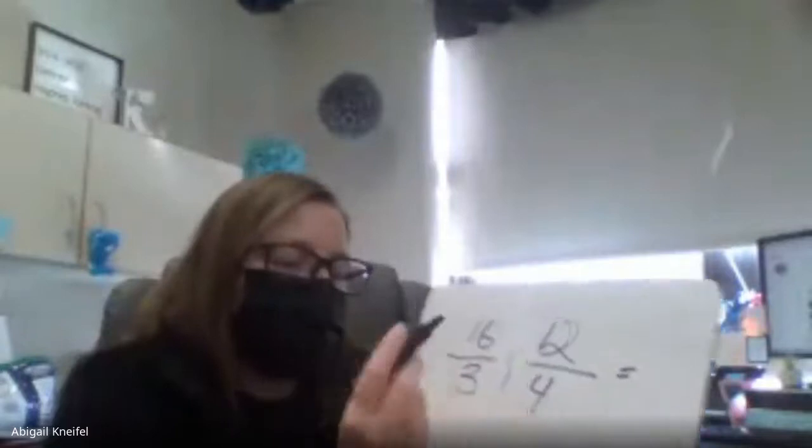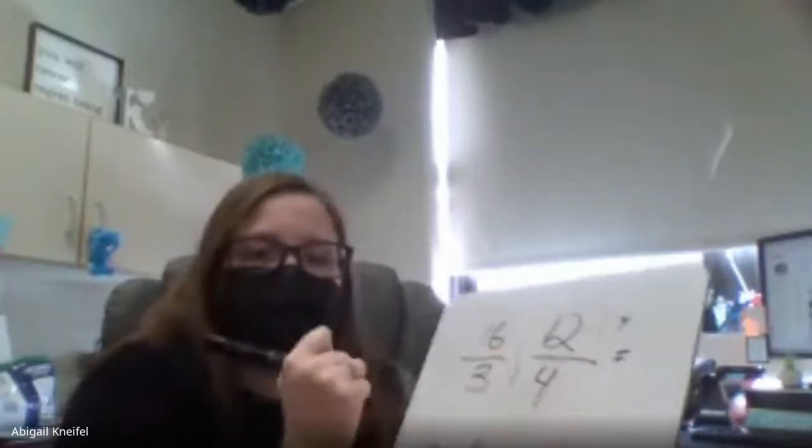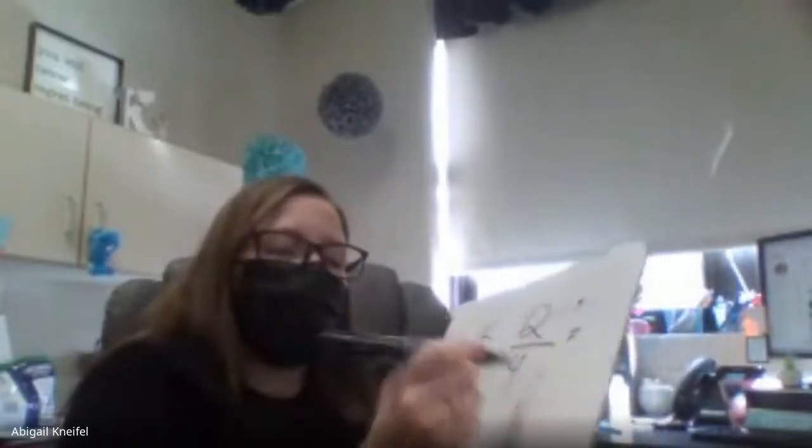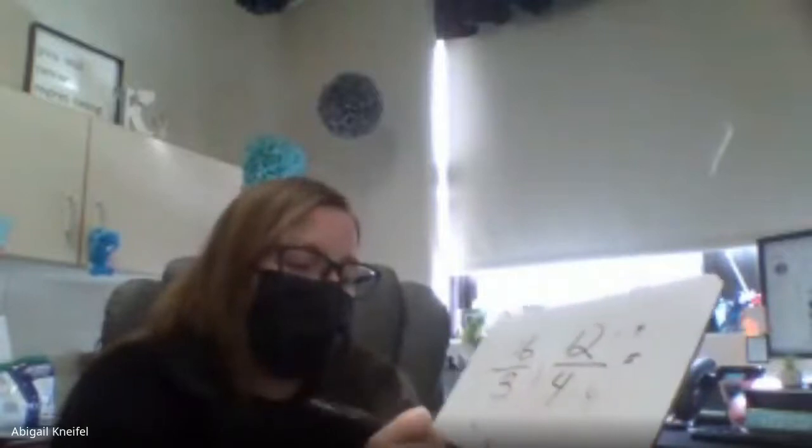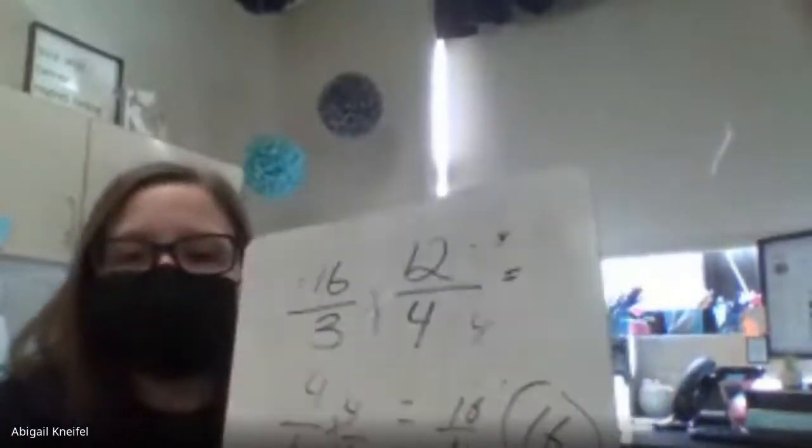Can I cross simplify? Of course I can. 3 can go into 3 1 time. It can go into 12 4 times. 16 and 4 are divisible by 4. So I get 4 over 1. Now I have 4 over 1 times 4 over 1, which equals 16 over 1, which equals 16. Just 16. Your answer should have been 16.